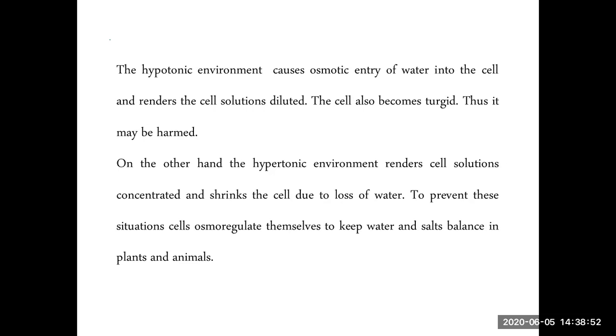So as a result, to prevent these situations, cells osmoregulate themselves to keep water and salts balanced in plants and animals. Animals and plants living in hypotonic or hypertonic environment may have to make some adjustment to osmoregulate themselves.